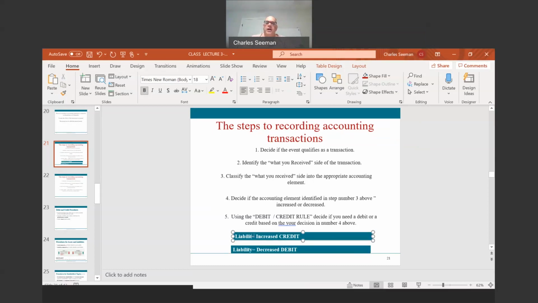The equity item: if we have a stockholders' equity item and it decreased, we use a debit. If we have a revenue item and it increased, we have a credit. If we have a revenue item that decreased, we use a debit.